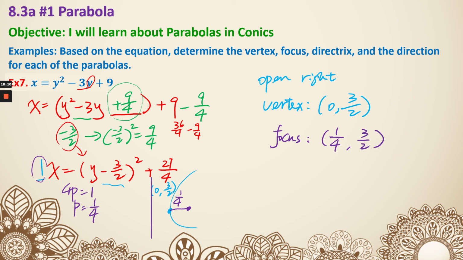Then to the left side, of course, is our directrix, which is also 1/4 away from the vertex. So it is going to be x equals -1/4. And that is example 7, which concludes everything about this second lesson of parabola. Thank you.